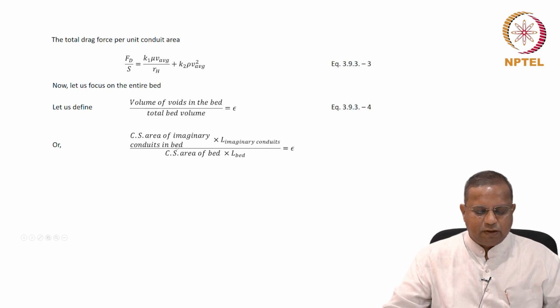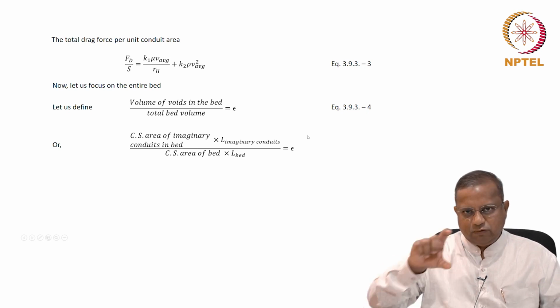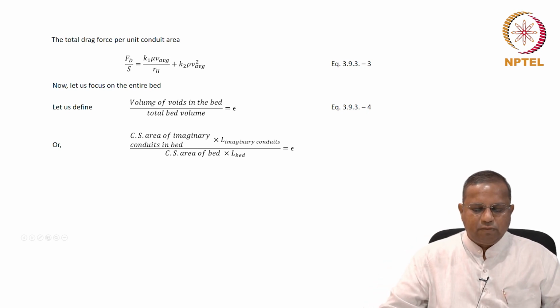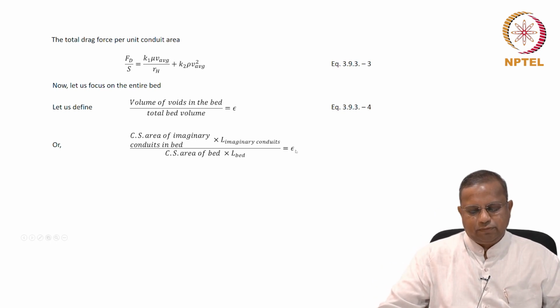So cross-sectional area of the imaginary conduits in the bed times the length of the imaginary conduits gives you the volume of the imaginary conduits, and that must equal the volume of voids. And the cross-sectional area of the bed times the length of the bed is nothing but the total bed volume. That must be your epsilon, the void fraction, or porosity.